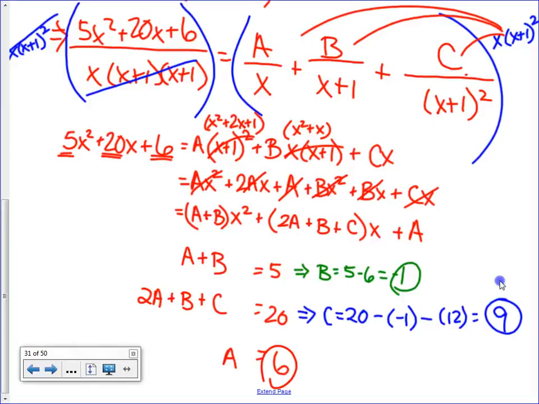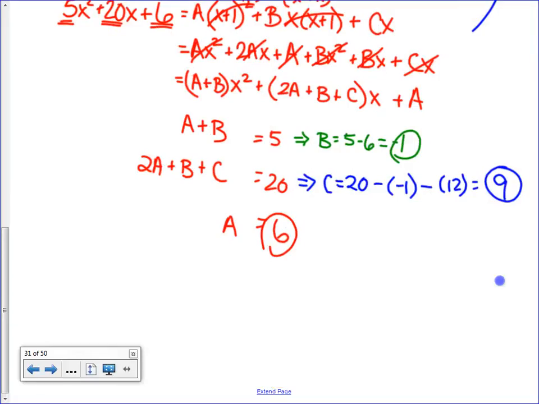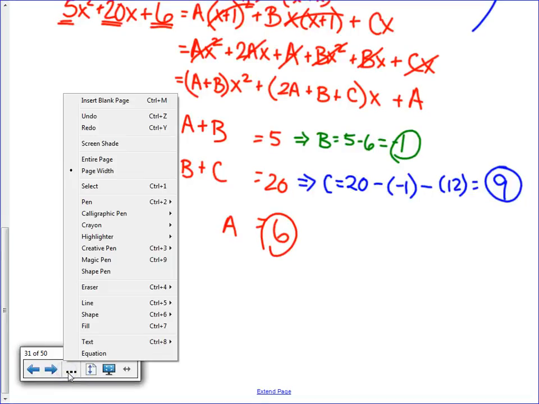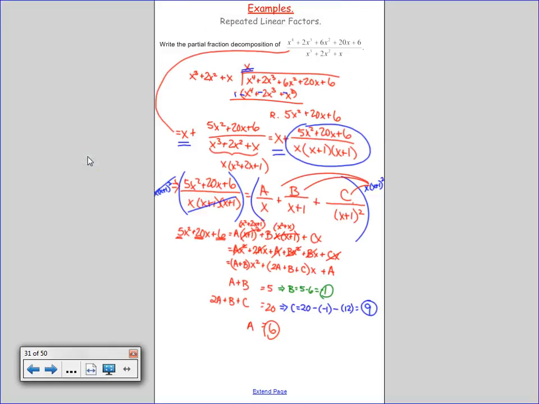I got it. But now I have to rewrite it, right? So I can say my original function, which, where was it? It was up here somewhere. Why don't I just do this.